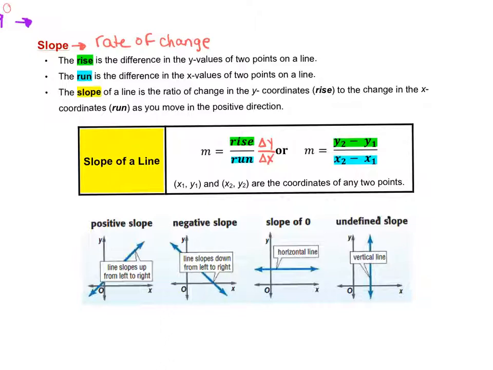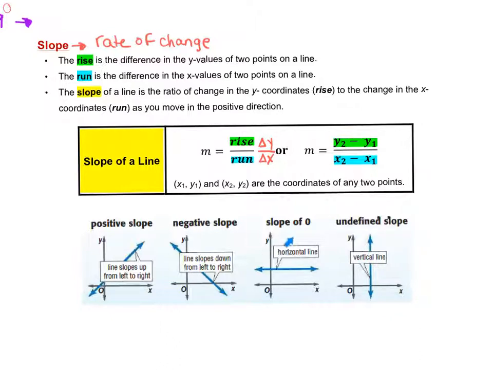To rise, you are going up vertically on the y-axis. To run, you are running from left to right. You're going to the right. It's how far you go over on the x-axis. And so if we're looking for the change, it's really the difference between the two values of y over the difference of the two values of x.